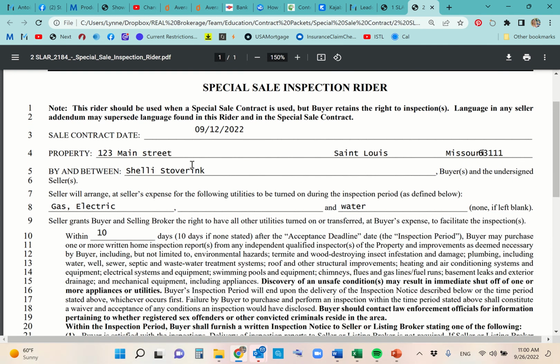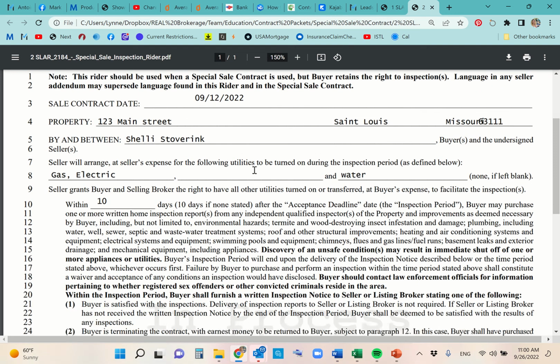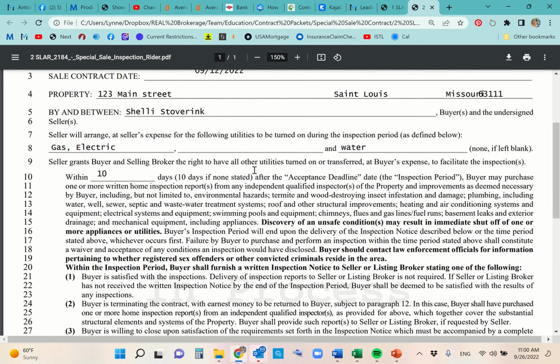Again, this is your same address, same buyer. Assuming that your buyer is going to do full inspections, you're going to require that they have gas, electric, and water on. However, if it is an as-is sale that is unoccupied and they have indicated that the utilities are not on, you are not going to have much luck getting these turned on.